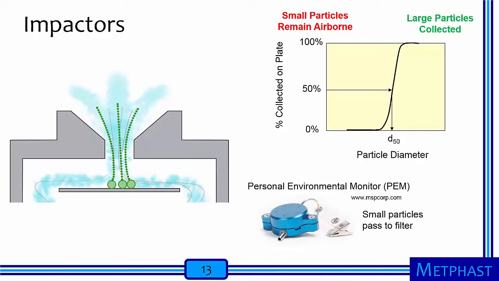The particle diameter for which 50% of the particles collect is often referred to as the particle cutoff diameter and used to describe impactor performance. The light blue personal environmental monitor shown in the lower right is designed to collect particles smaller than 2.5 microns onto a filter after an impactor section that removes particles larger than 2.5 microns.